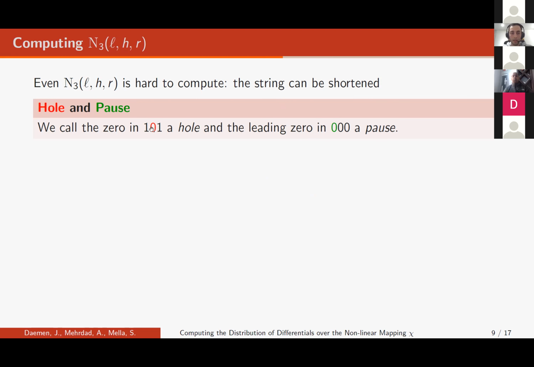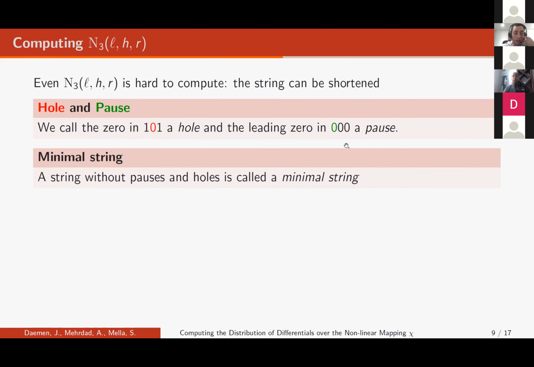As you can see, this is not an active bit, so we can remove it. And this is also not a 001 string, it is only a 0, so we can remove it. We call these two bits, the first one whole, and the second one pause.